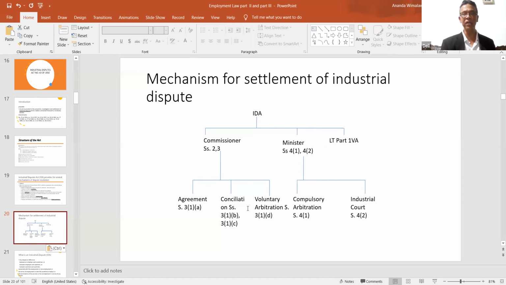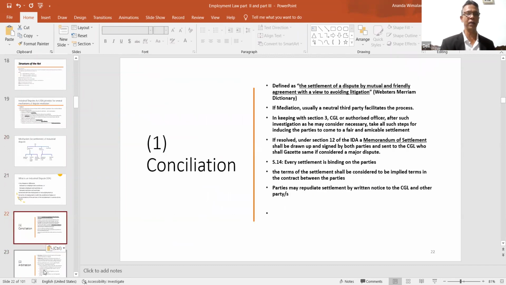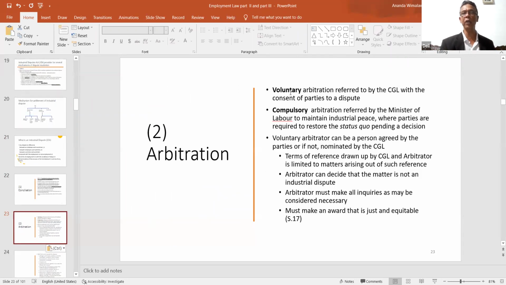If conciliation fails, then we need a solution to the dispute, because it is still a live dispute. We need settlement. We need an answer for this dispute. So if conciliation fails, then what the commissioner can do, according to his power, is refer it for arbitration.